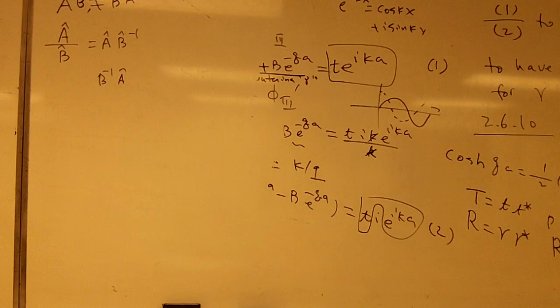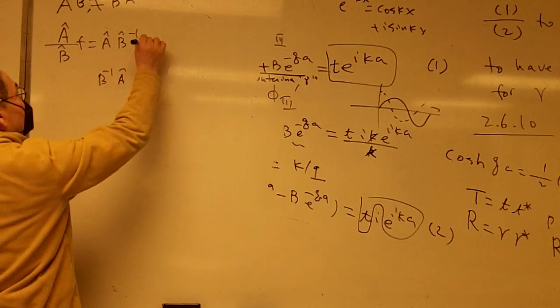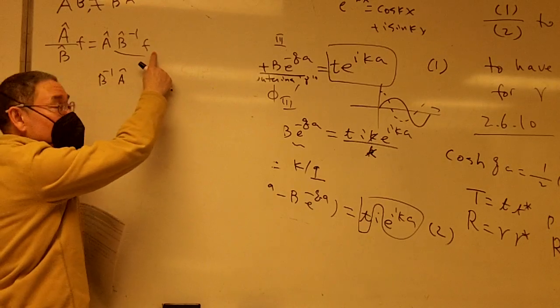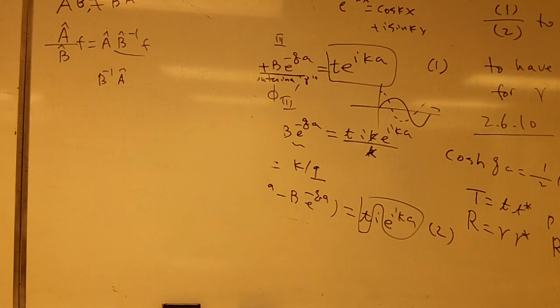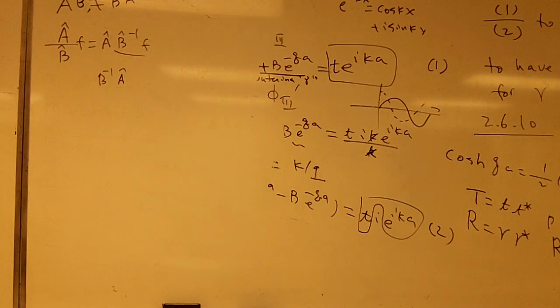The notation with fractions is a little more confusing because in A over B, which one is first? Which one applies first? You have to tell me. But this is much clearer. Now, if I have a function f here, I know that B to the minus 1 is applied on f first, followed by A. But if you look at the fraction, nobody knows which one is actually applied first. So that's why in quantum mechanics, people try to avoid this notation and use this one instead.